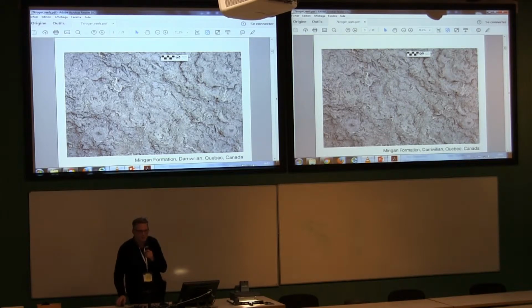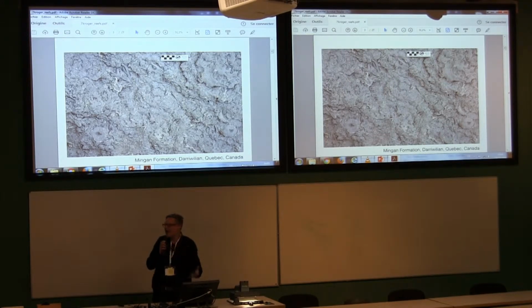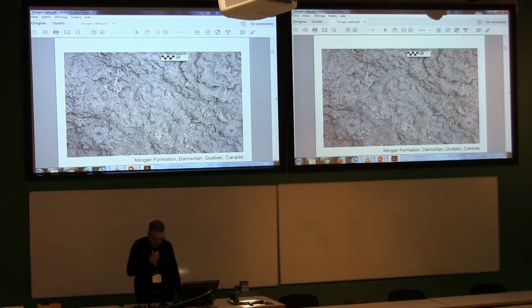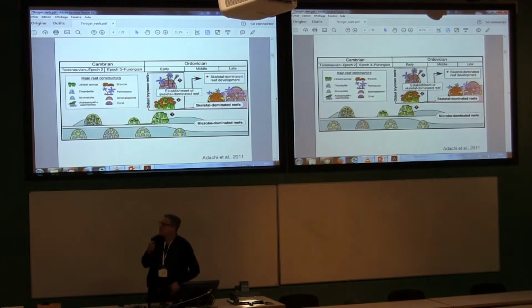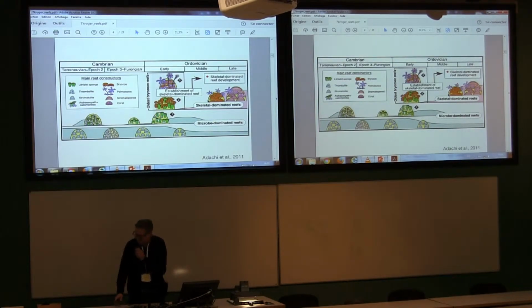So lots more taxa, higher density of different metazoans, but a different way to bring this in a diagrammatic way was this. I like it. This is the timeline of the Ordovician, and we see here the Cambrian-Ordovician, and these are the reefs in the latest Cambrian, and the blue colors and the green colors show microbial stromatolites and thrombolites and sponges, sometimes a few sponges in these reefs.